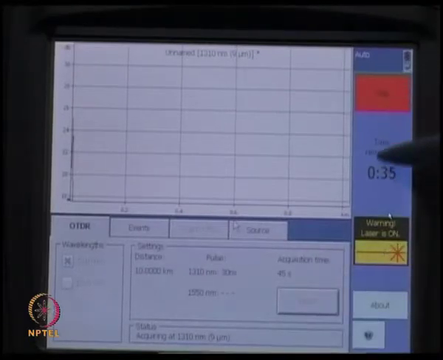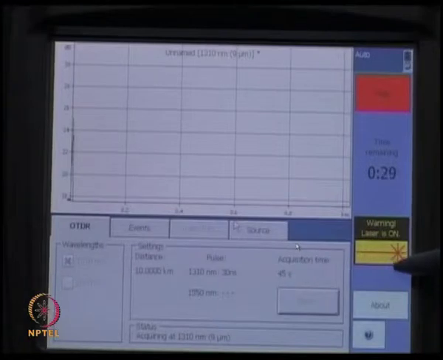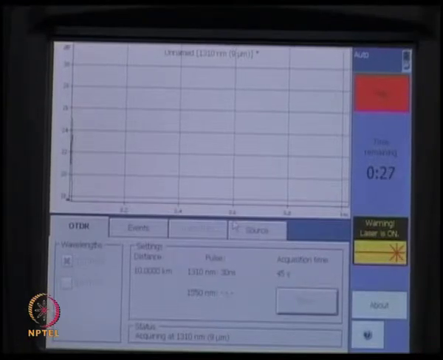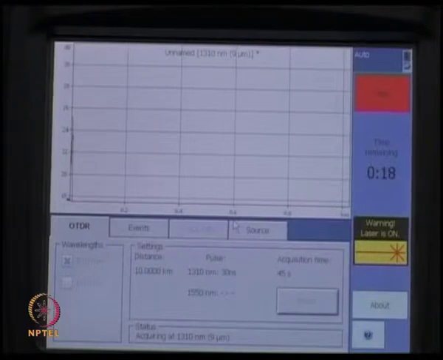and the reflected light is integrated and measured. As you know, since the scattering of light is very weak inside the optical fiber, one has to integrate the reflected signal to improve the signal to noise ratio.